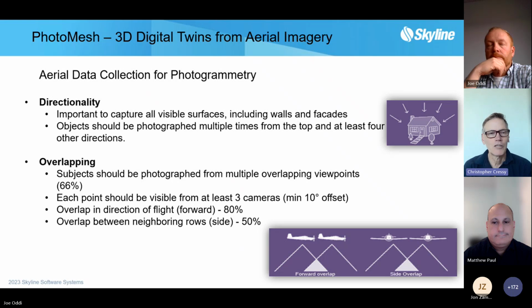Photogrammetry has been around since the 1400s. The first real use case was Leonardo da Vinci using it to create scale drawings of architecture and people. That was kind of the genesis of photogrammetry, but it's evolved quite a bit over the years.